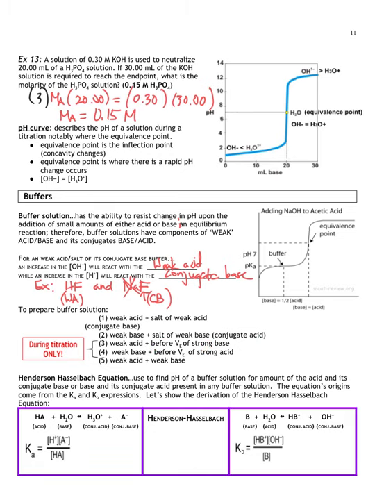An example of that would be NH3, which is a weak base, and then adding the conjugate acid, NH4 plus, but as a salt. NH4 ammonium is usually carried as an ionic salt of some sort that I can purchase in stores.